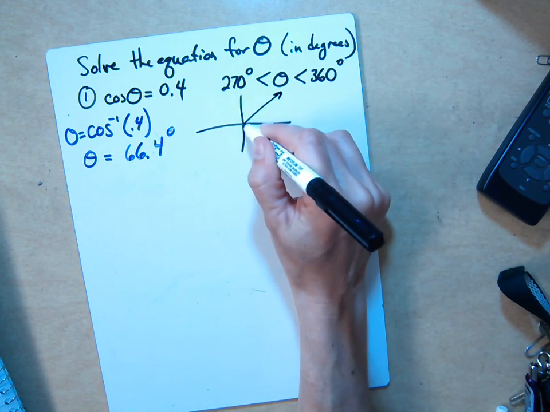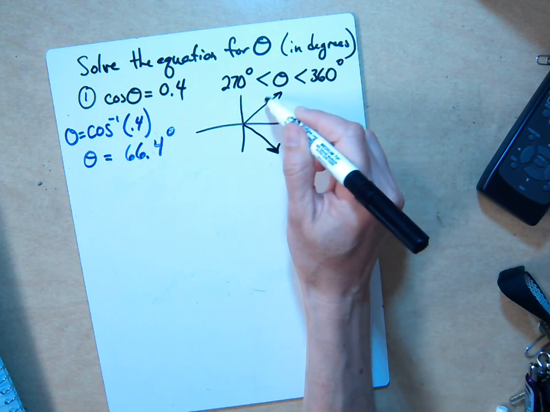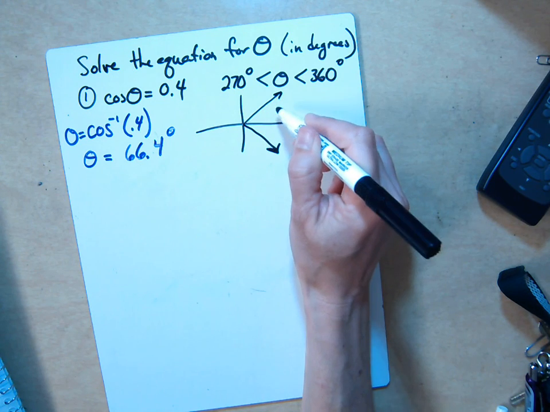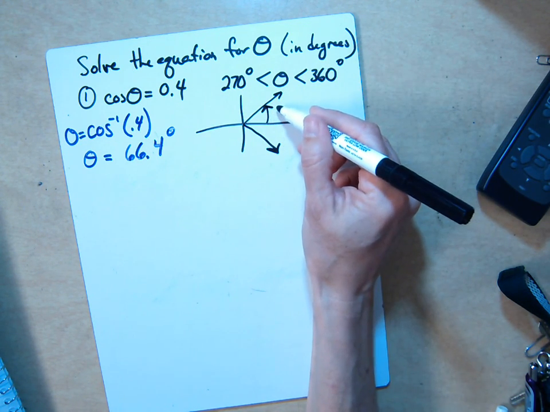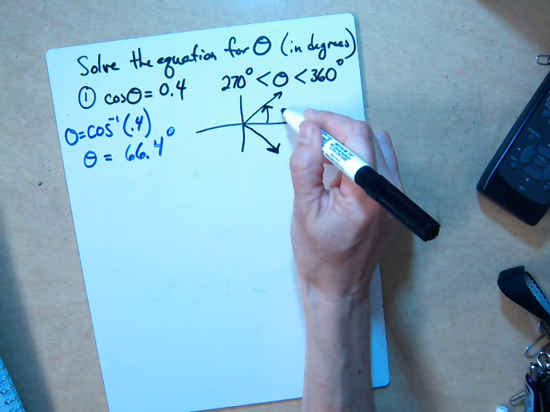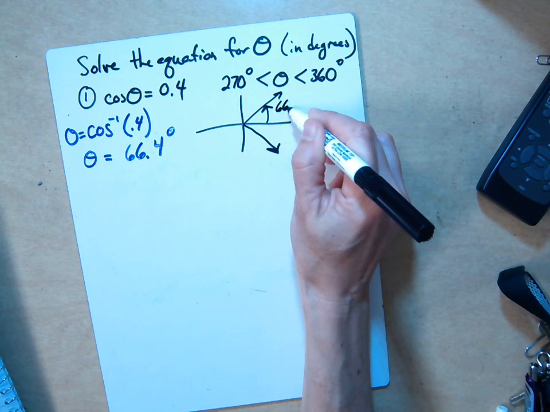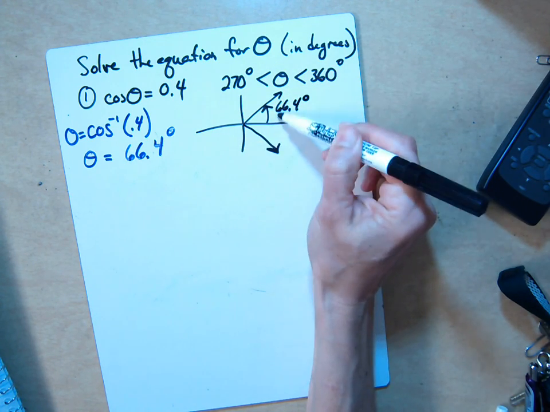It's here or here. There are two places where the x coordinate would be 0.4. Here or here. The calculator can only give us this answer because it's defined in quadrant 1 or 2. So the calculator said the answer is 66.4. There's nothing wrong with that, but we need our answer between 270 and 360.